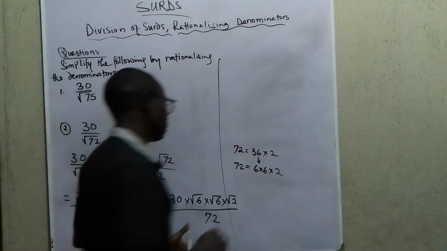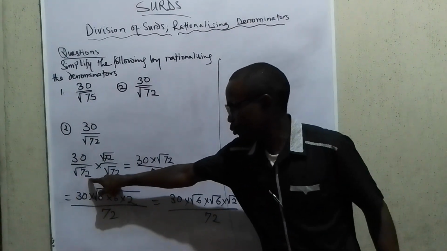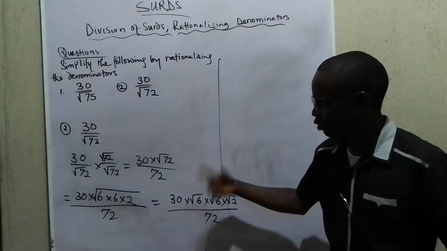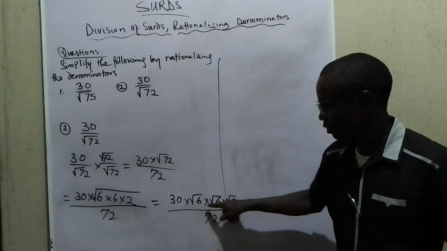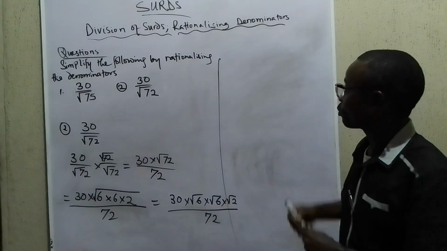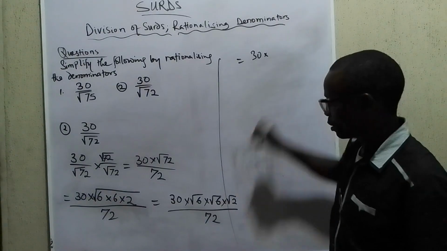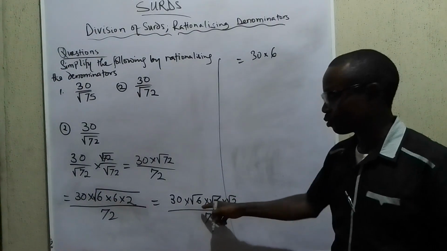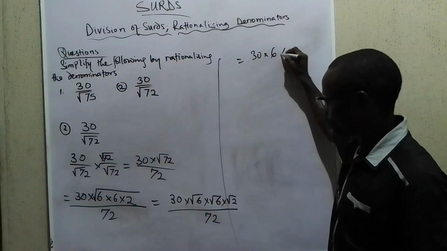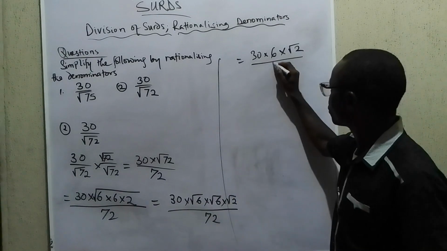So coming here, just like we did with this, the square root of this times the square root of this will just give us the number itself. So the square root of 6 times the square root of 6 will give us 6. So we'll have 30 times 6 times the square root of 2, all over 72.